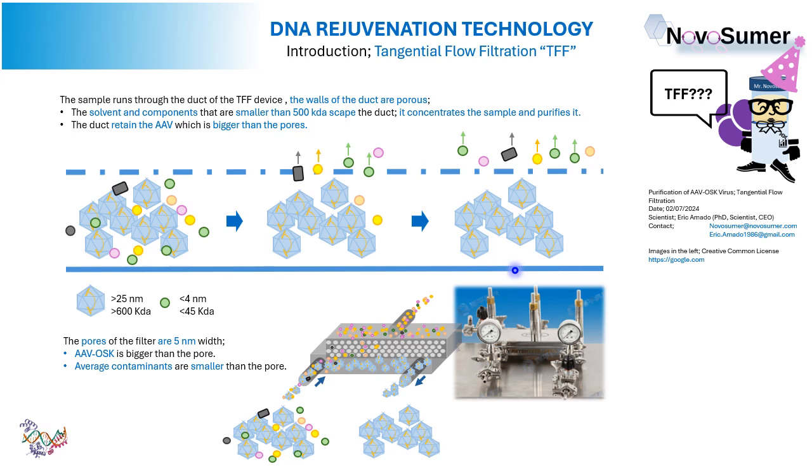Okay, this technique is as easy as that. It's just using pores to get rid of the contaminants and the buffer that are smaller than the pores. So you get rid of buffer and contaminants, and at the end of the process, you have EV-OSK clean and concentrated. Okay, let's go for the next slide.